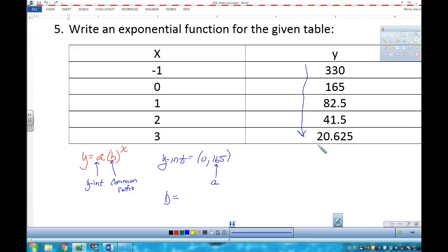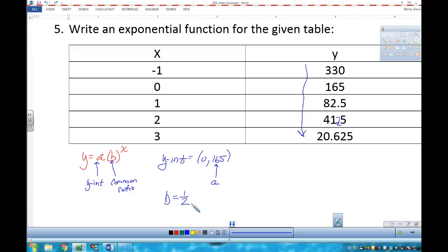From 165 to 82.5? Maybe even easier to look at the next one. From 82.5 to 41.25. And we see what we're doing is we're going down. We're dividing by 2. And dividing by 2 means we're multiplying by 1/2.